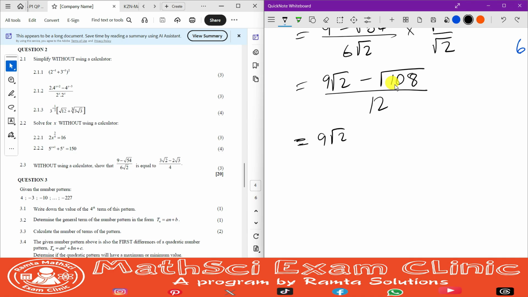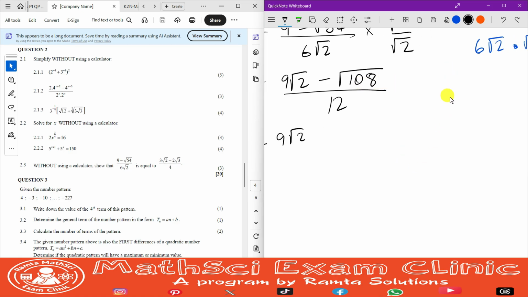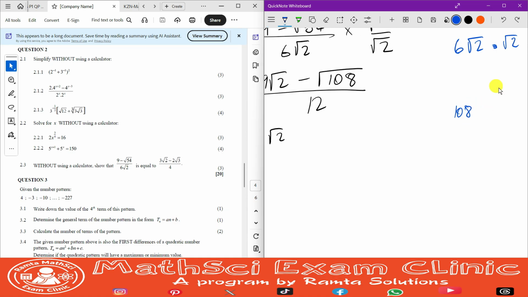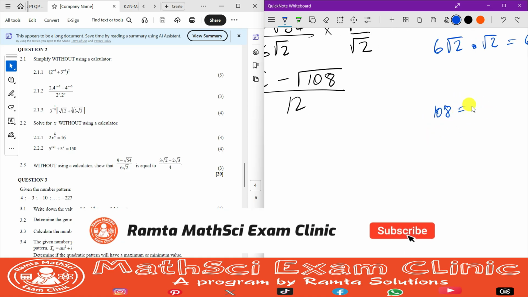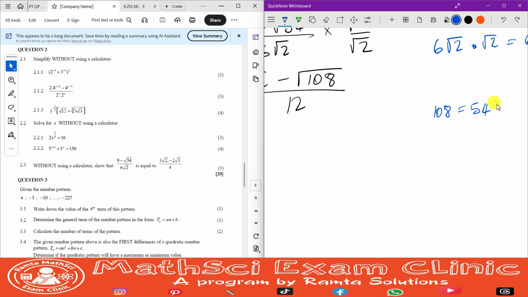Then 108, I want you to think of the product of factors of 108. So 108, we can imagine it as 54 times 2, isn't it? But 54 is not a perfect square.